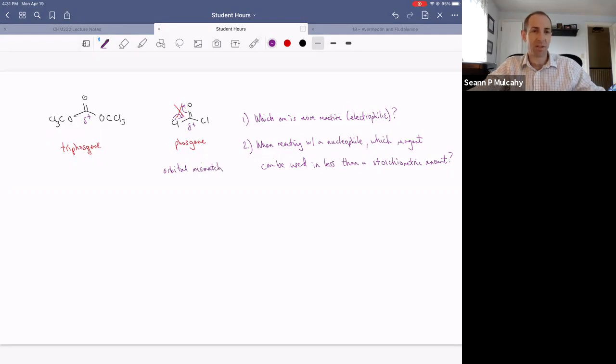Because there's orbital mismatch, resonance is not a factor to increase electron density on the carbonyl.